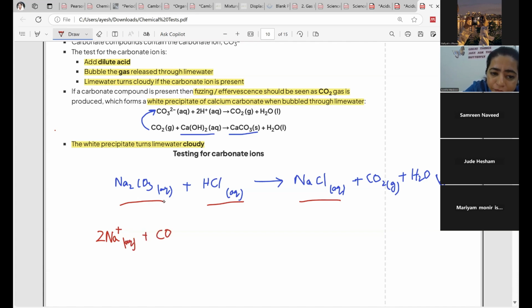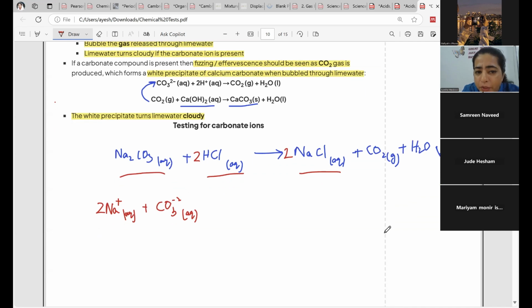Carbonate means CO3, two negative, in the form of aqueous, right? If we balance the equation first, it will be easy to see. How can we balance it? We have two hydrogens over here. We can put 2 with HCl, right? Then we have 2 sodium, 2 chlorine, we can put 2 over here. Now this is going to be the balanced equation.